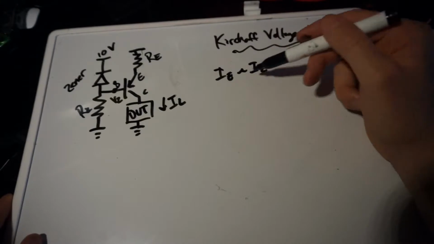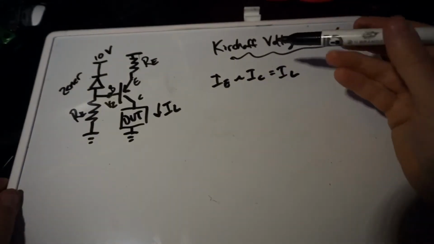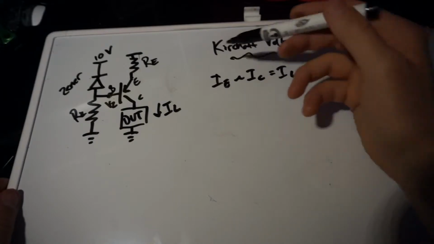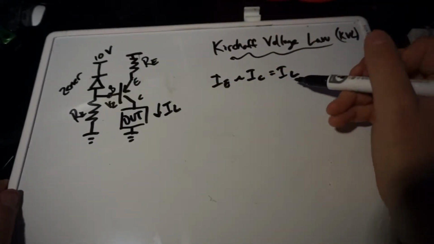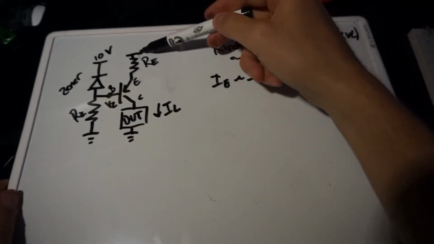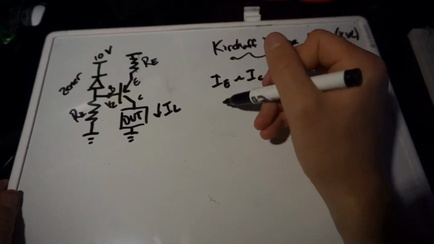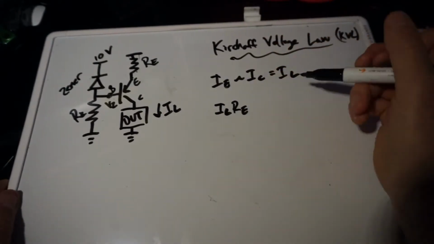So we're going to say they're approximately equal, and that is equal to I load. Now we just need to trace out the route here. So we use this tidbit to say that the voltage across this resistor is just IL times RE.